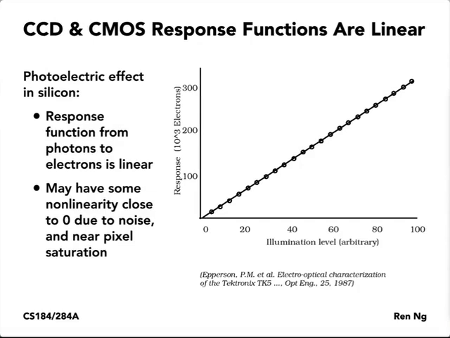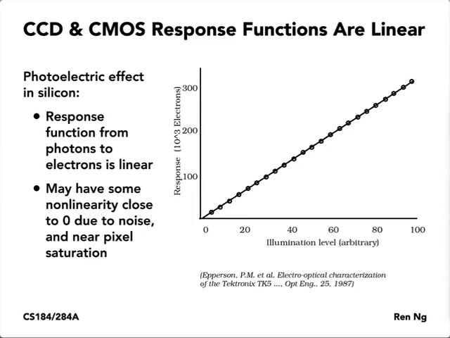So here's a graph as a function of the illumination level on the bottom scale here, increasing in a linear fashion. The response in terms of thousands of electrons that are knocked loose and captured is, as you can see, a very linear function, okay?